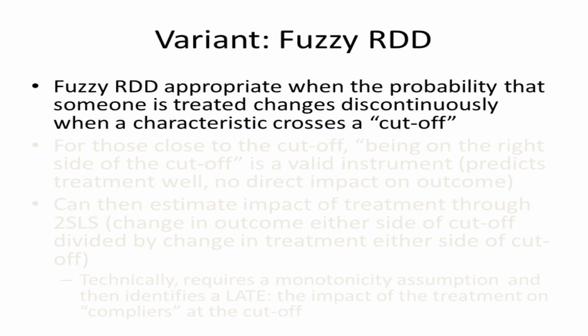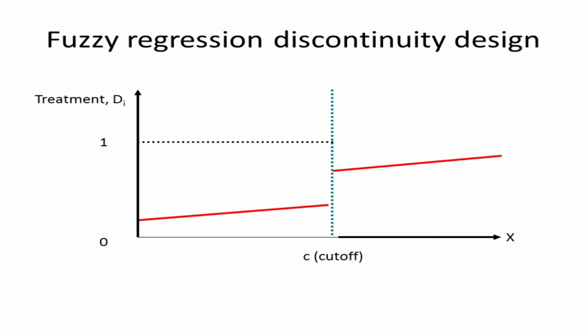I look at data and there is a discontinuous jump in the probability that you are in some kind of school when you cross that cutoff. It might look like this. We've still got a running variable, but now we've got a probability of being treated, and it has a discontinuity. That situation describes a fuzzy regression discontinuity.